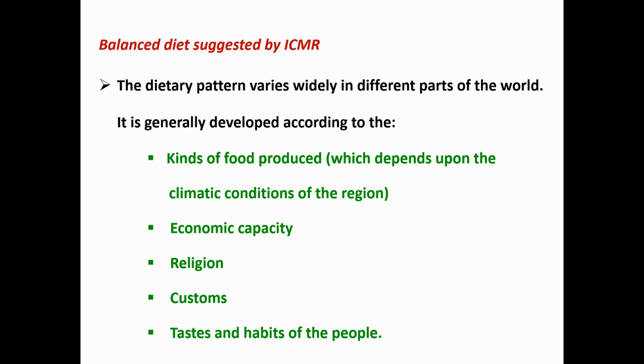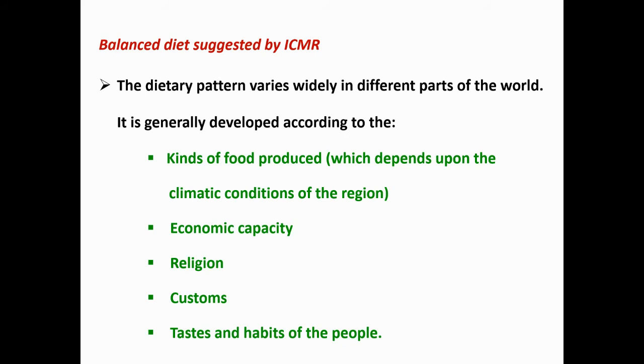For the kinds of food produced, for example, some people will have food items prepared with a large amount of ghee. In the case of economic capacity, if you are rich, you will take all types of costly foods, which include pista, badam and everything like that.